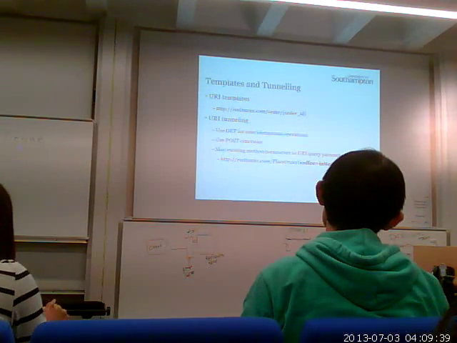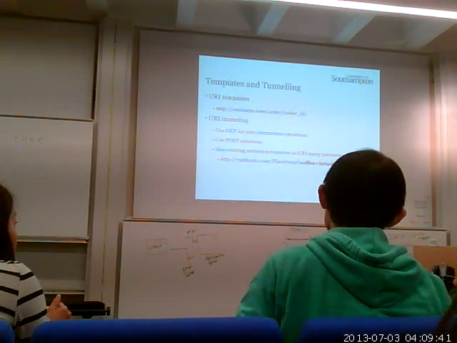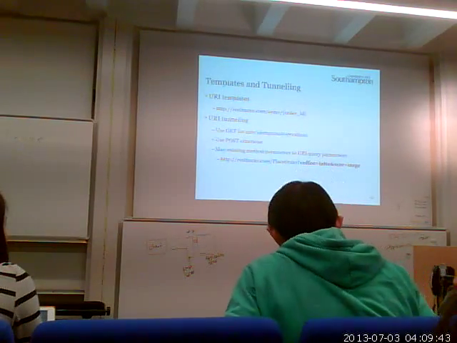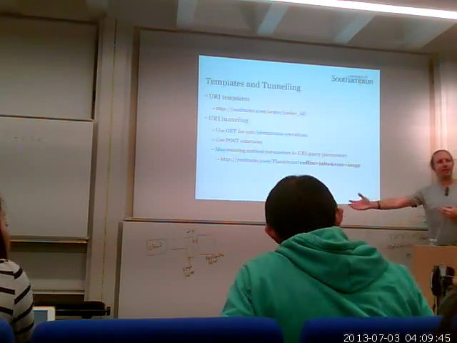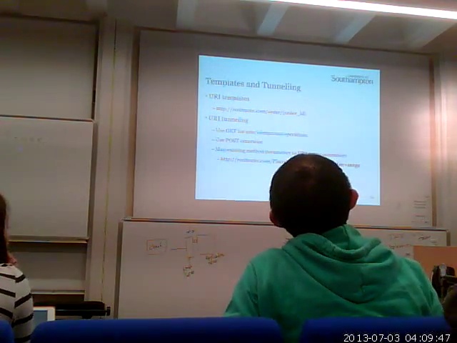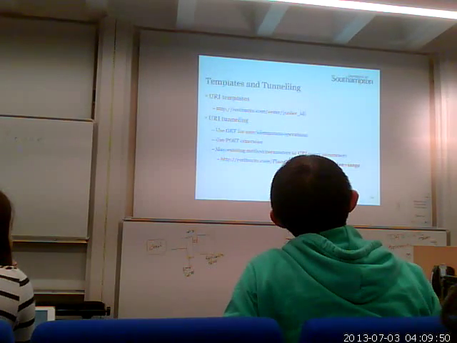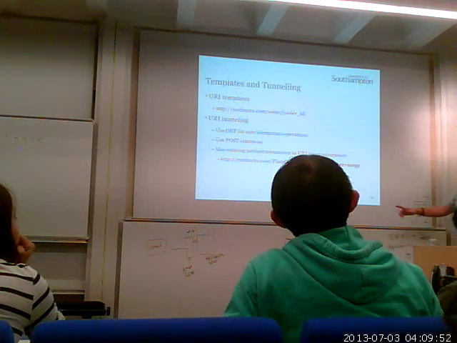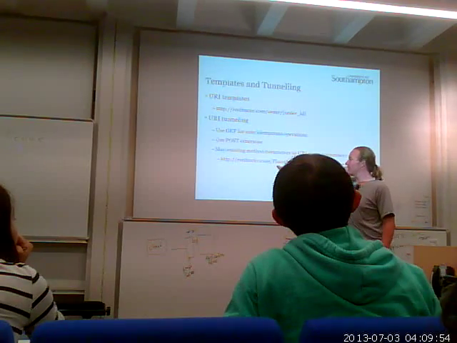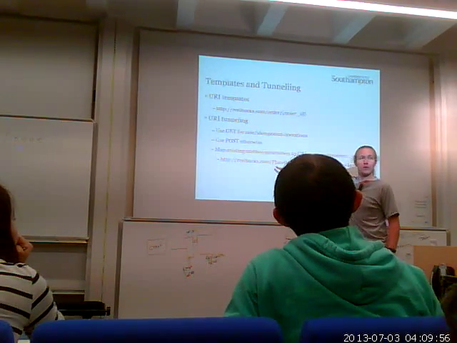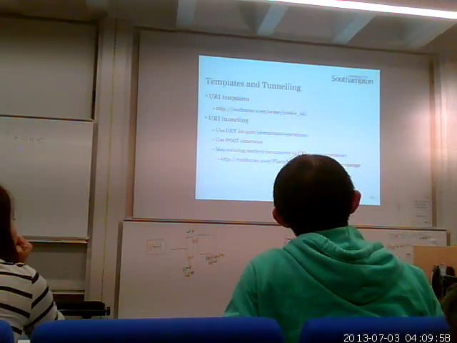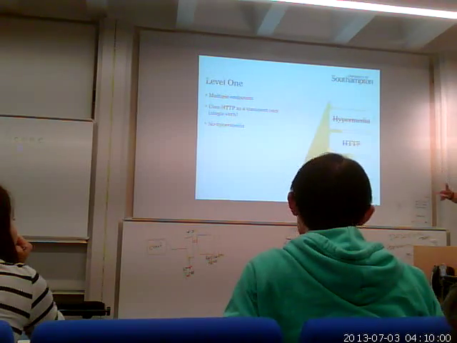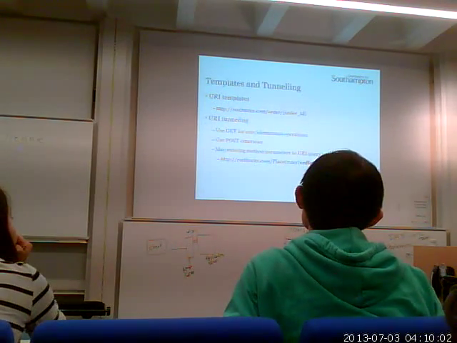So, URI tunneling. This is the idea of using our URIs as the way of sending information to and from, and creating the actions. In this case, we might actually use a URI as an action, which is bad form, but we're in level 1, we're not all the way up to level 2 or 3 yet.